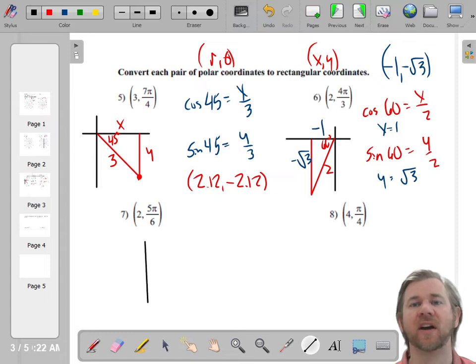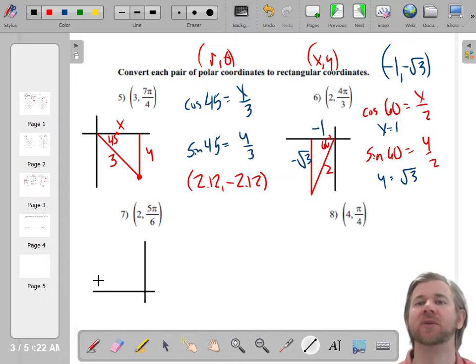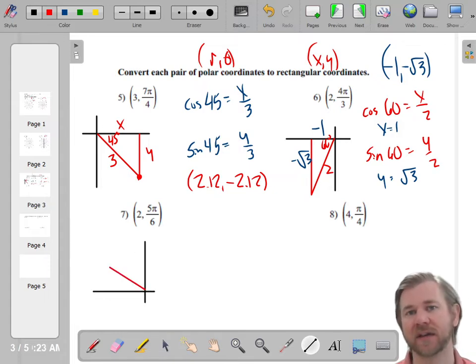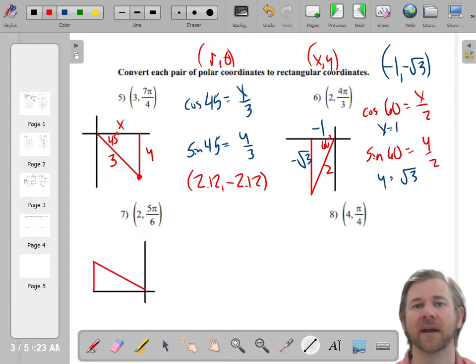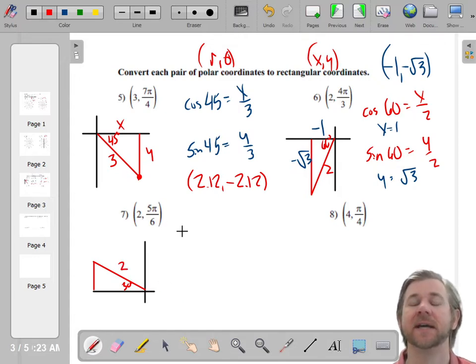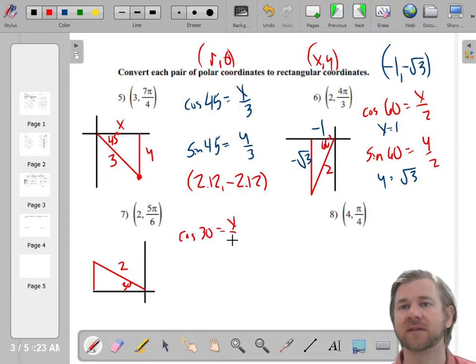So 2, 5 pi over 6. Again, I'm giving you the radius, which is the hypotenuse, and I'm giving you the angle. Really, what I care about is the reference angle. It's 30 degrees because it's 5 pi over 6. The radius is 2. So to find the x-coordinate, the cosine of 30 is x over 2. The sine of 30 is y over 2.